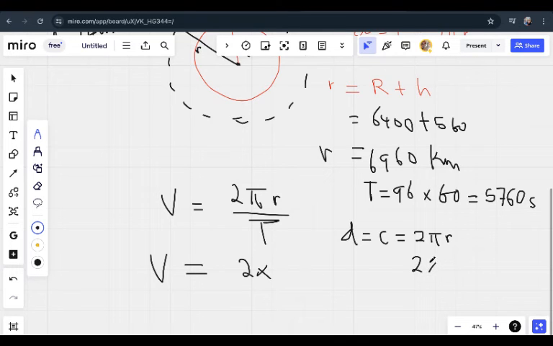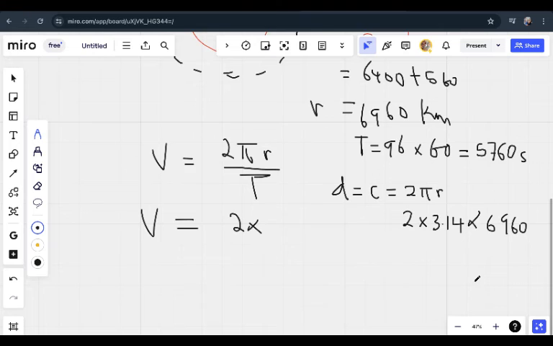The value of pi is 3.14, times our orbital radius, 6960.